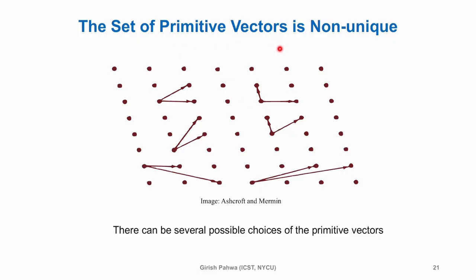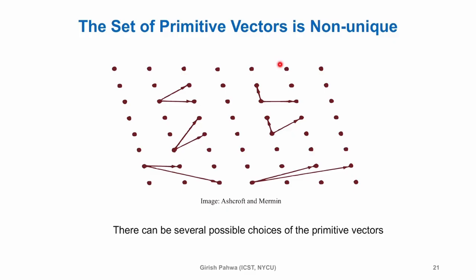Now we talked about the primitive vectors a little bit, right? So a primitive vector is something from which I can create any other vector in the lattice from its combination. It's like a unit vector. Yes, in your normal coordinate system x, y, z, you have x cap, y cap, z cap, or i cap, j cap, k cap, whatever you want to call it. So these are unit vectors along 3 perpendicular directions, right?